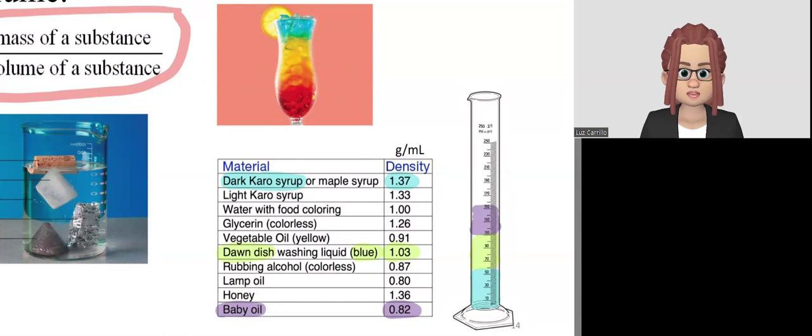Because overall, when these gradients are created and we are utilizing density, the most dense goes in the bottom and then is followed on top by the things that are the least dense.